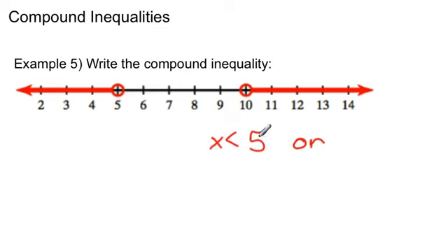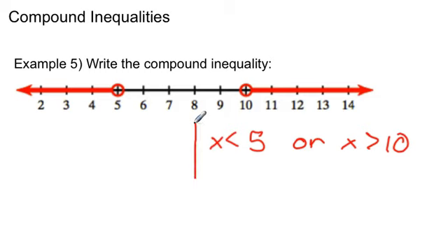So I would write that x is less than 5. It's not equal to because that's not filled in. Or, over here in this case, x has to be greater than 10. And so here is my compound inequality. x is less than 5, or x is greater than 10.